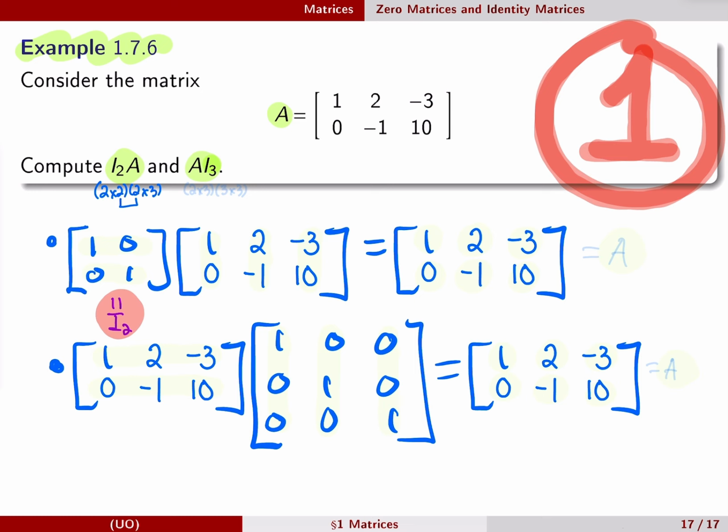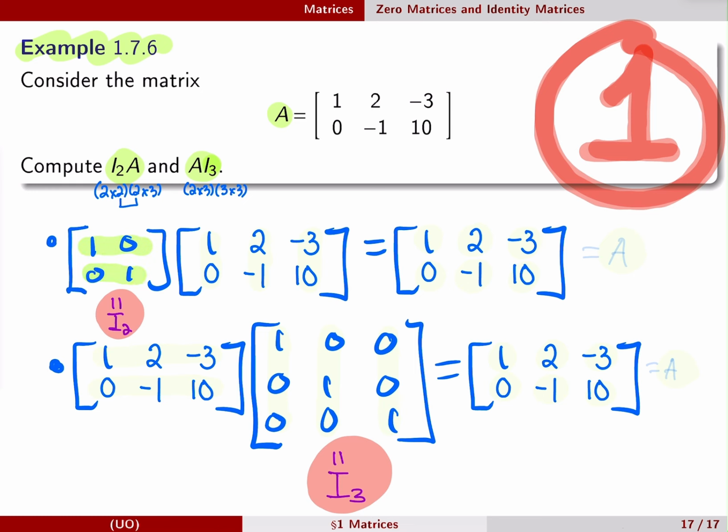Meanwhile, for the right side, if you start with a 2 by 3, the only identity matrix that I can have on the right side is a 3 by 3. Remember, the identity matrices are square matrices. So because I want the inner number to be 3, the other number for that matrix needs to be 3 again. And again here, I love those examples because those are nice examples to practice matrix multiplication.